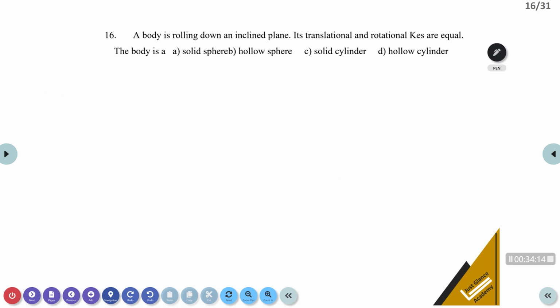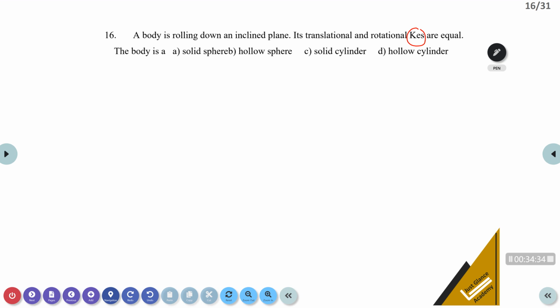Next. A body is rolling down an inclined plane. Its translational and rotational kinetic energies are equal.